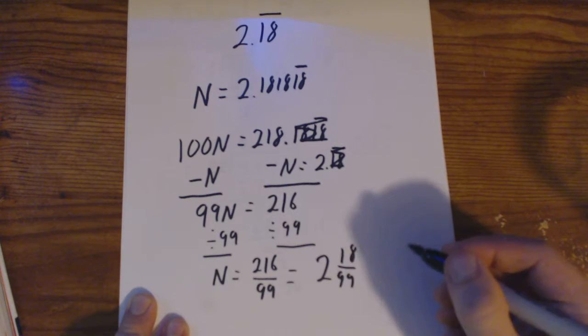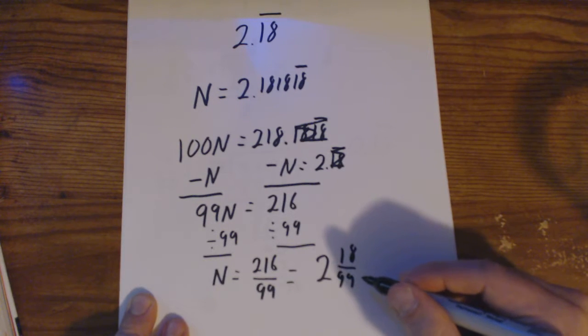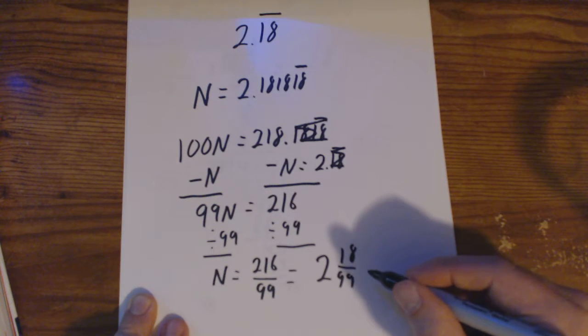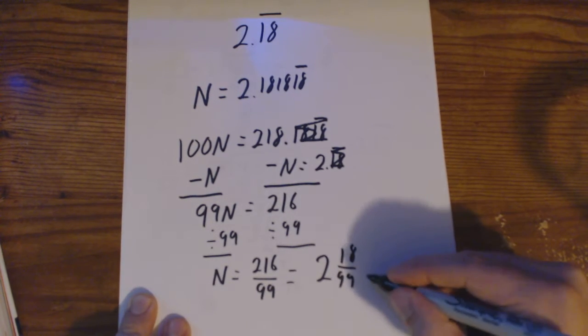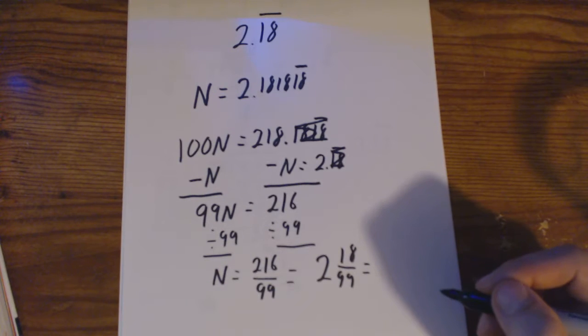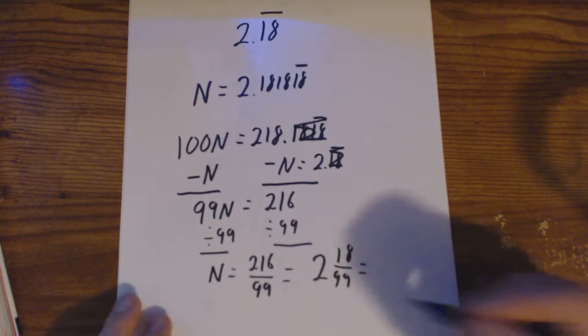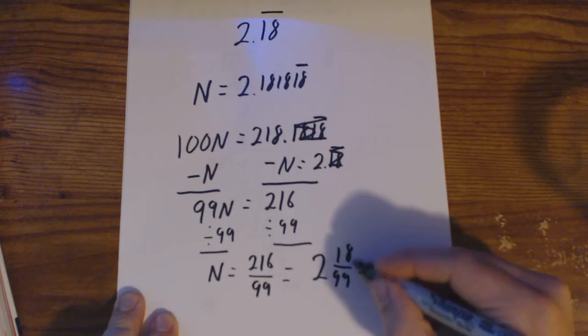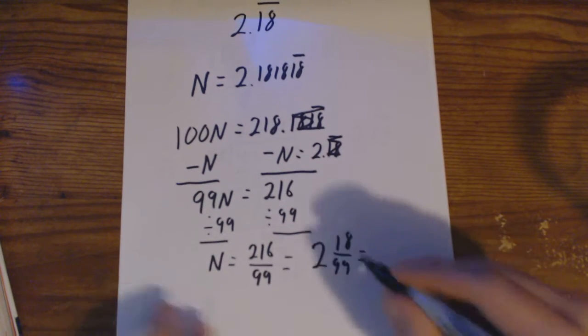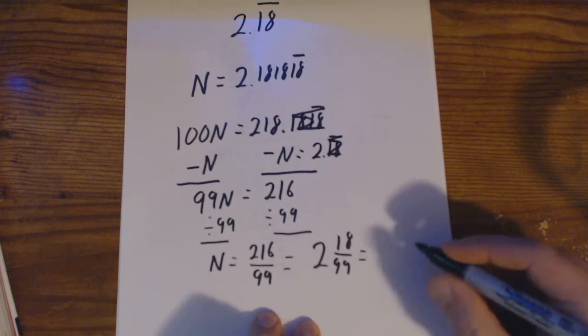Now can this simplify? Well, I can see right off the bat 3 goes into each of those. Can you think of anything higher than 3 that would go into them? How about 9? 9 goes into 18, 9 goes into 99. If we divide this, we want to simplify this. 18 divided by 9 is 2.